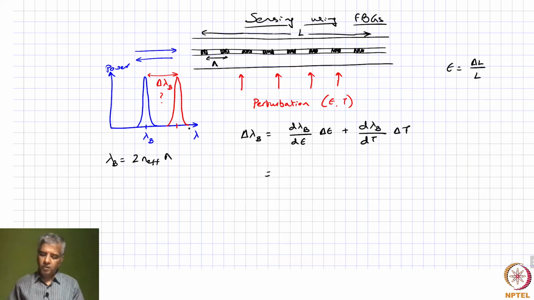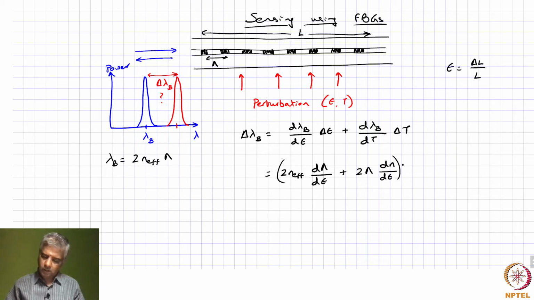Okay. So, if we write this in terms of changes in refractive index and changes in period, we can just say you have one component which is 2 times n effective d capital lambda over d epsilon, plus you have 2 times capital lambda dn over d epsilon, the change in refractive index with respect to strain, and this is what we call the strain optic coefficient.